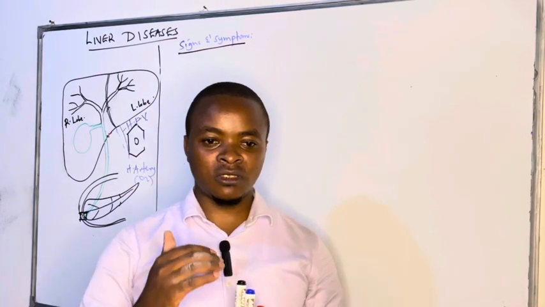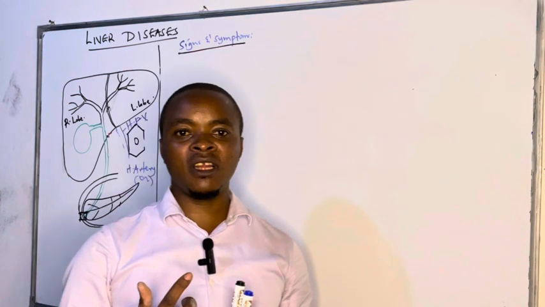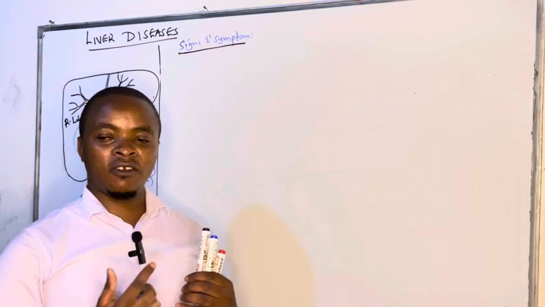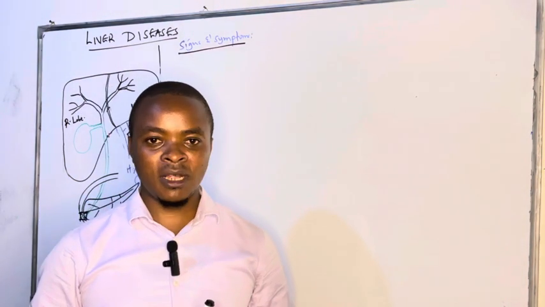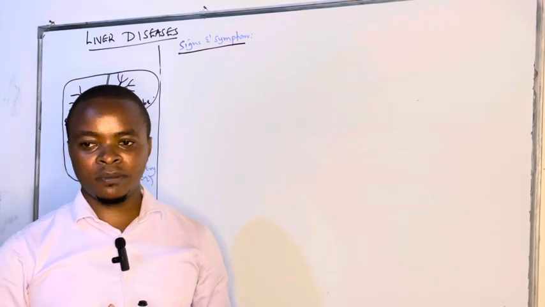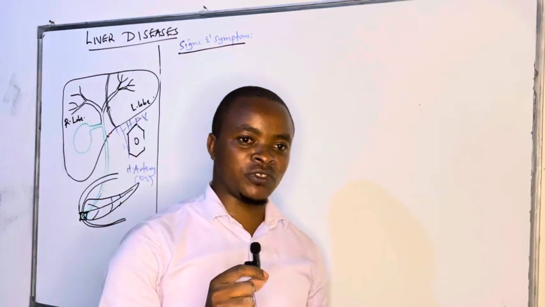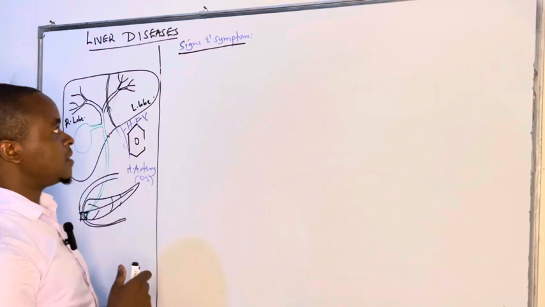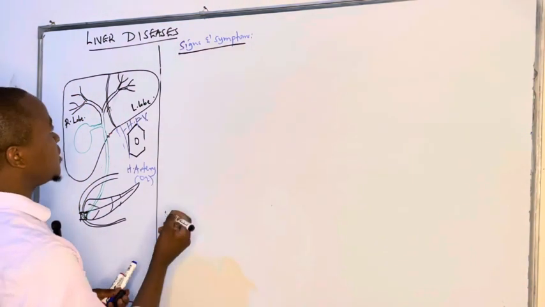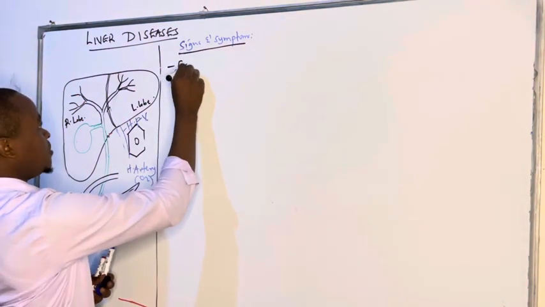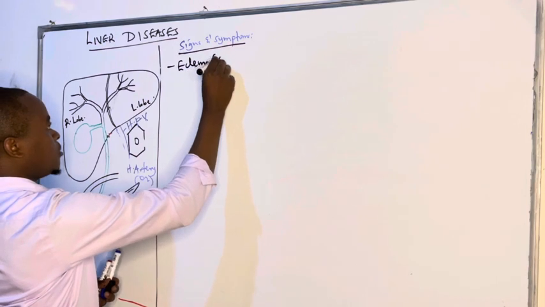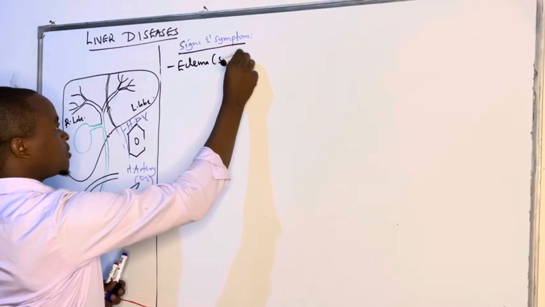And in this session, previously we saw the functions of the liver. And today we want to see, if the liver is failing to function normally, what is the problem? But before we start with the liver diseases, we want to look at the signs and symptoms of liver diseases, whereby we have edema, what we call the swelling of the lower limbs.